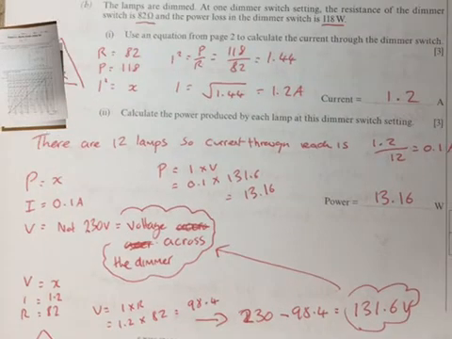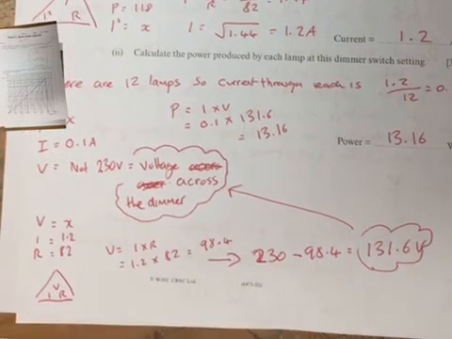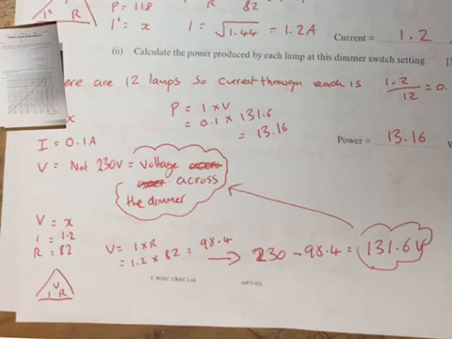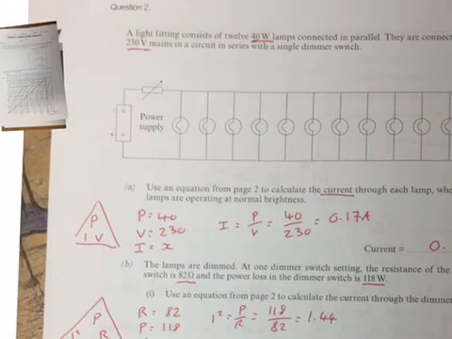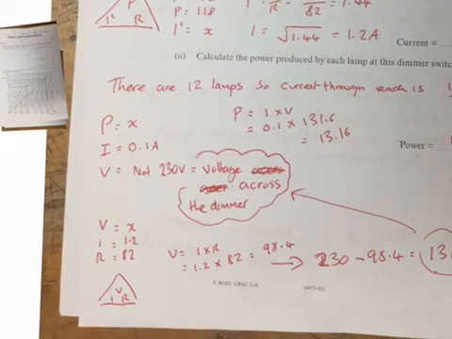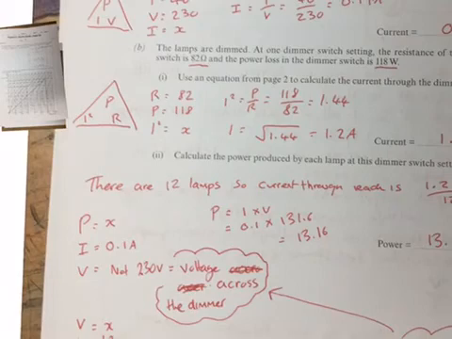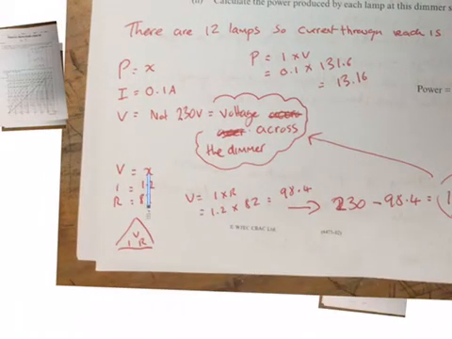There are a number of ways you could do it, but the easiest way to find this voltage, because you're not given a voltage, is to use V equals I R. And you know that at that point, I told you it was a beast of a question, the current is 1.2 amps, and the resistance of that switch is 82 ohms. Therefore, I can calculate the voltage there.